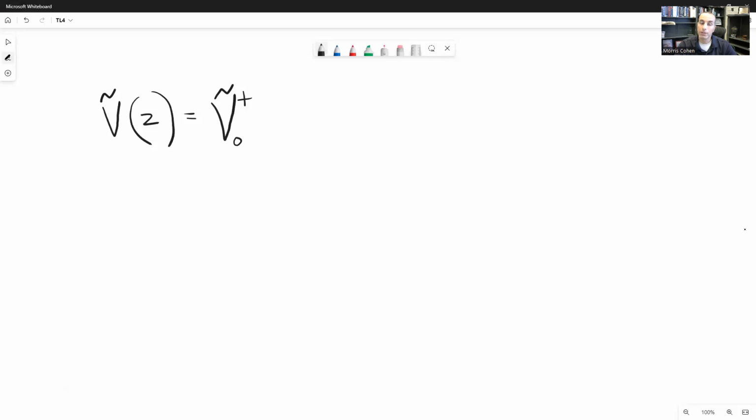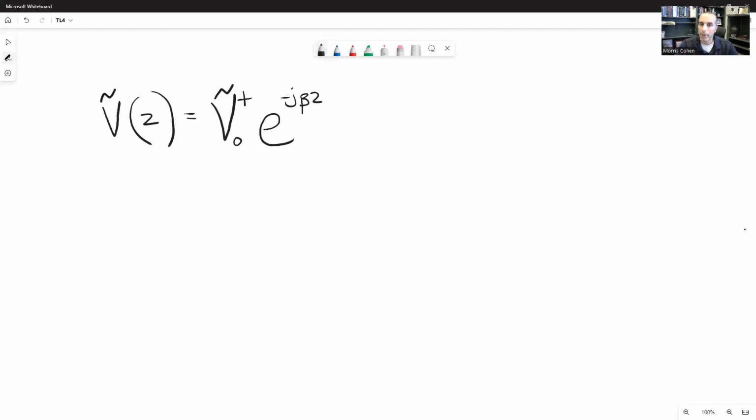This is basically the value of the phasor at Z equals 0. And then for different positions of Z, we simply change the phase. To change the phase, we multiply by e to the minus j times beta times Z. This simply means that the phase is changing as you change your location. You'll get the same amplitude, just the phase is going to change.